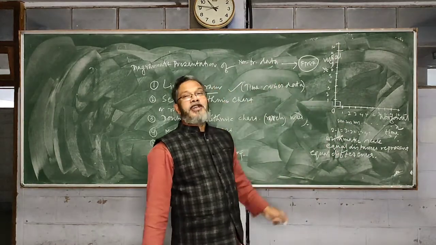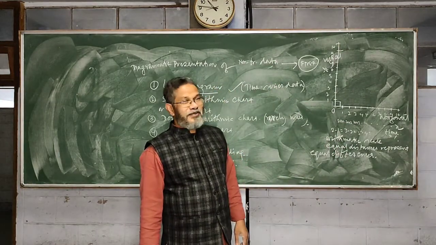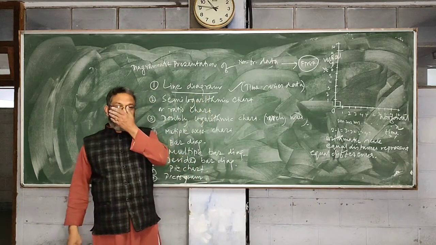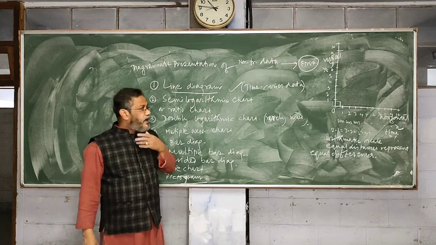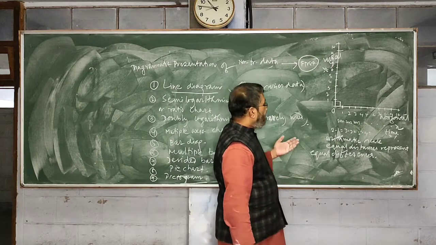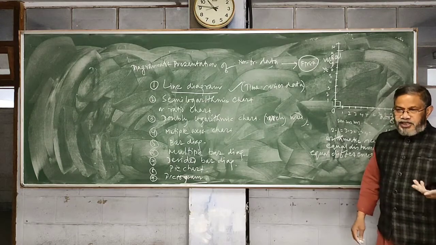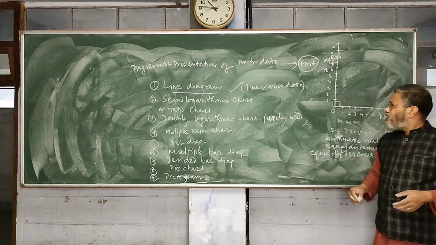This is also arithmetic scale. Now, although it is 1, 2, 3, 4, you can take hypothetically different ways.